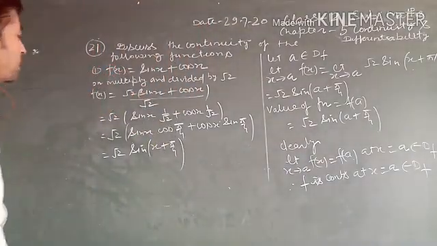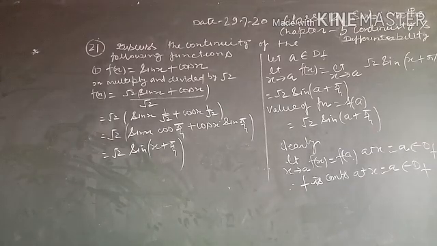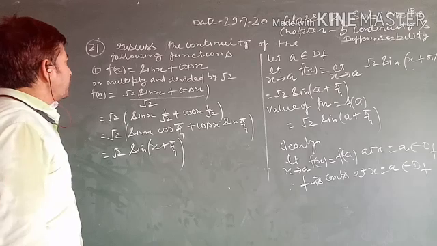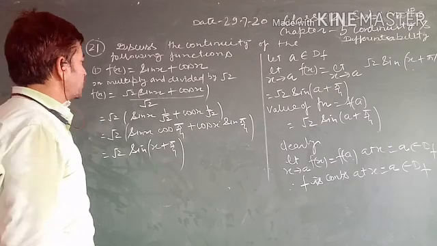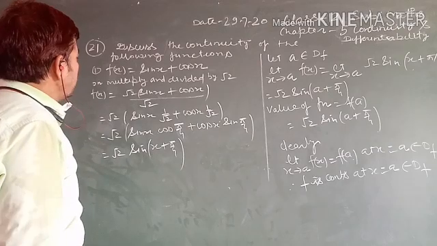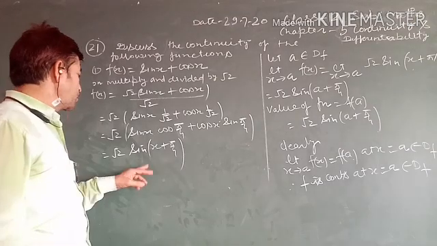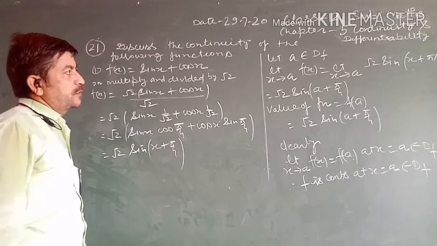Students, in this question, first I reduced one function. Function is given sin x plus cos x, but by dividing and multiplying by root 2, we reduced it to the function root 2 sin of x plus pi by 4.